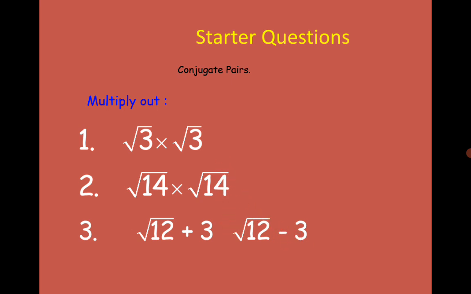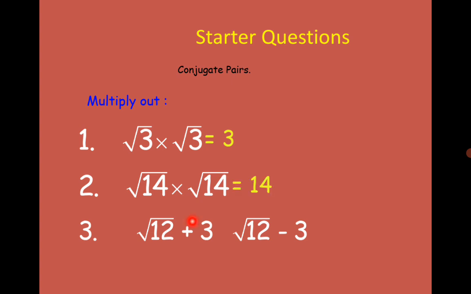Very quickly, in a few seconds. Well, multiplying root 3 by root 3 should give you 3, as we saw. And multiplying root 14 by root 14 must give us 14.